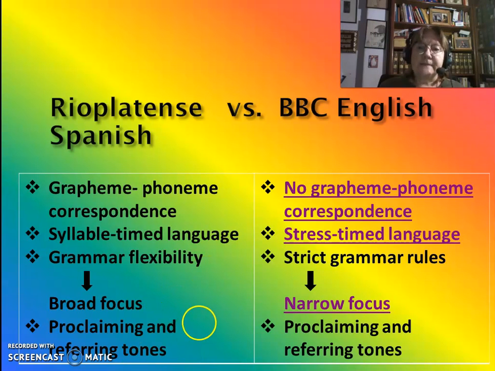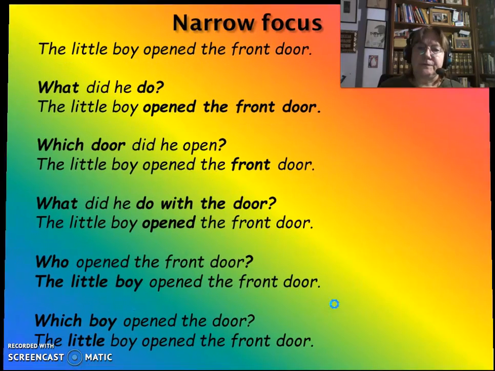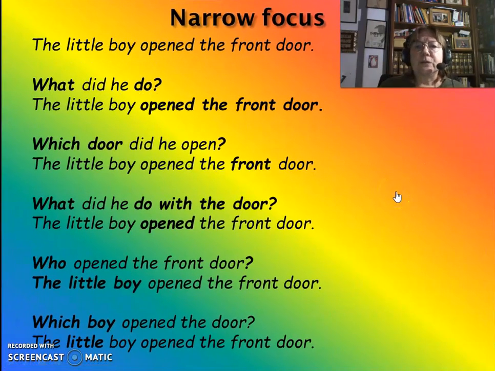On the other hand, the strict grammar rules of English force us to use narrow focus, because we cannot change the order of words so easily, and we have to highlight the most relevant piece of information using the nuclear stress. So we change focus in the utterance to highlight the information we want to make relevant.